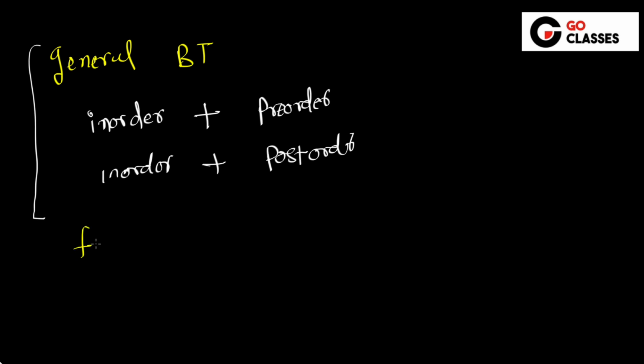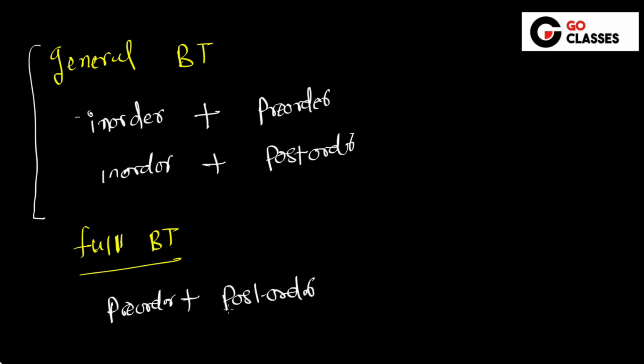If it is a full binary tree, then you can have, I mean, if in order plus preorder or postorder is given, then also you can do from them also you can do. Basically, it is general, so it is already covering full. But if preorder and postorder is also given, then also you can do preorder plus postorder, right? Then also you can do uniquely. So these things are for unique. Let me write unique. Okay.